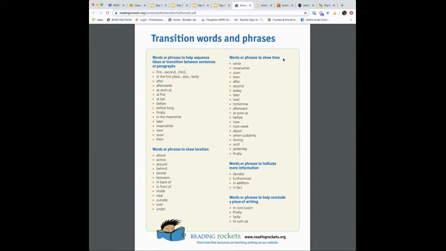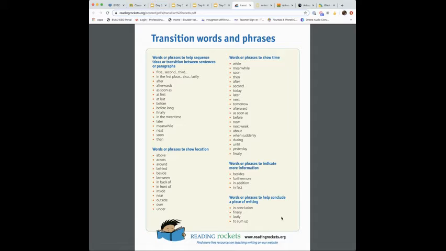If I need to give a sense of time, like what different parts of the life of my animal are like, I might need to use these time words like meanwhile, soon, then, today, later, next week, suddenly, yesterday, until. Other times I might use phrases that give more information, like I'm going to tell you more. Besides, furthermore, in addition, and in fact can be great words for that.